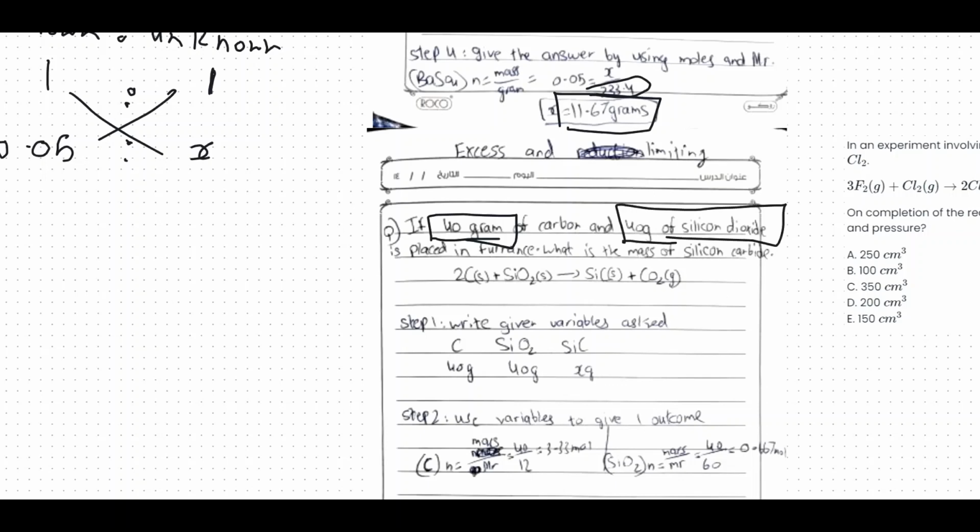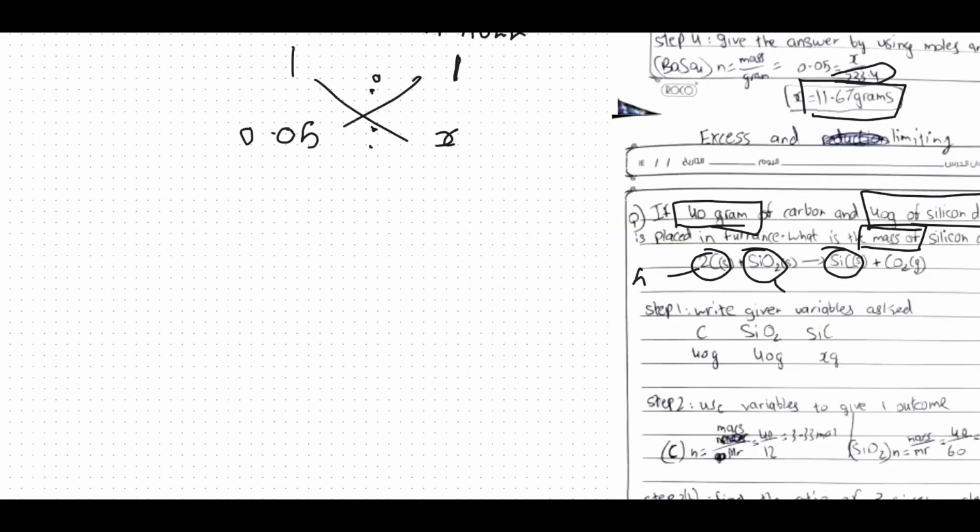Now, in this case, what will I compare the values with? Because I have both the masses, I can find the number of moles of carbon as well as the number of moles of silicon dioxide. But what will I compare with for silicon carbide? They asked you the mass of silicon carbide. In the earlier question, I compared my known to unknown.